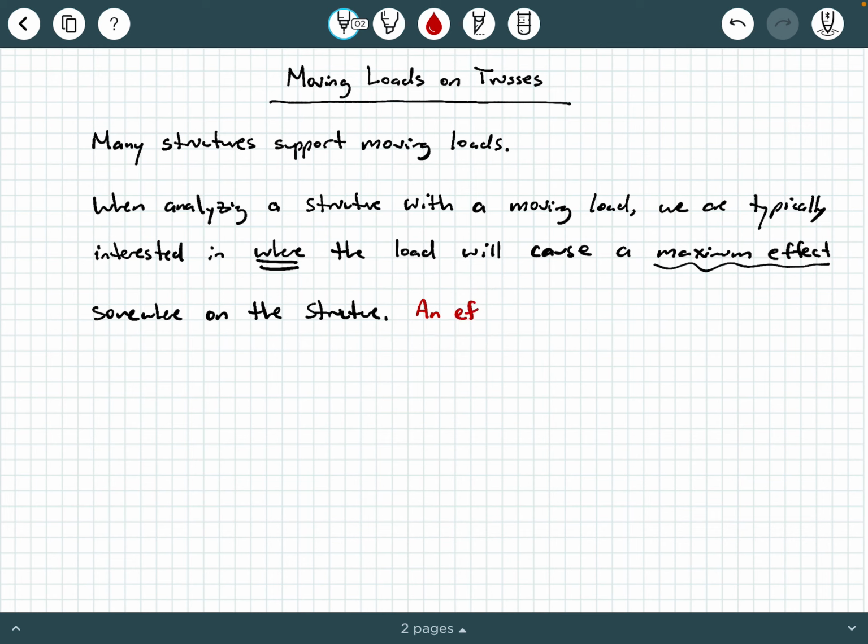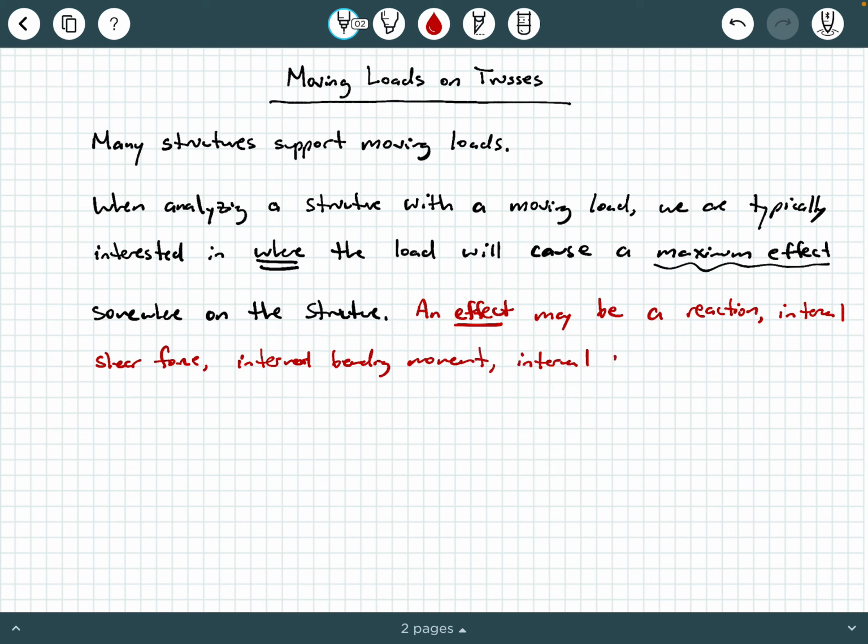An effect may be a reaction. It could be internal shear force, could be internal bending moment, or could be internal axial force, etc. Okay, so that's what we mean by a maximum effect.